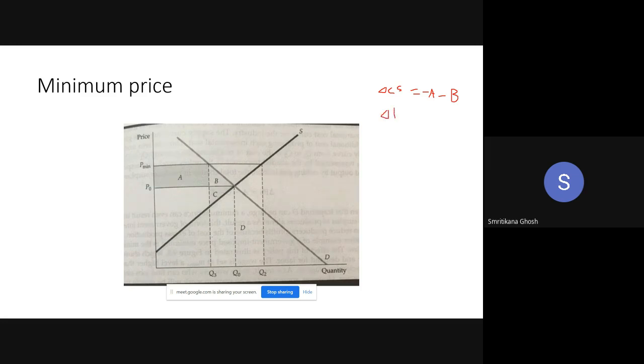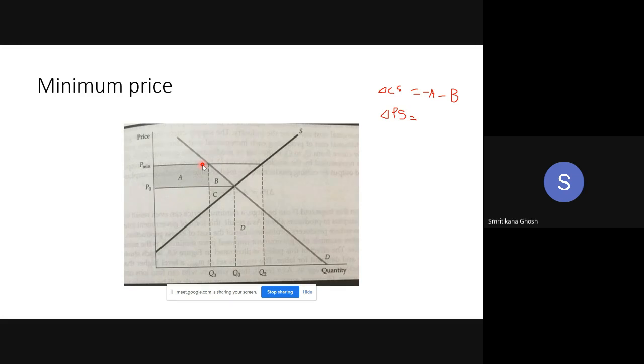Now, what about the producer? Initially, producers are receiving P naught. Now, the producers can charge P min. What is the producer surplus? Initially, the producer surplus was below the price, like this. And now the producer surplus is below P min. With respect to the price, producers are gaining, because now they are receiving a higher price than before.